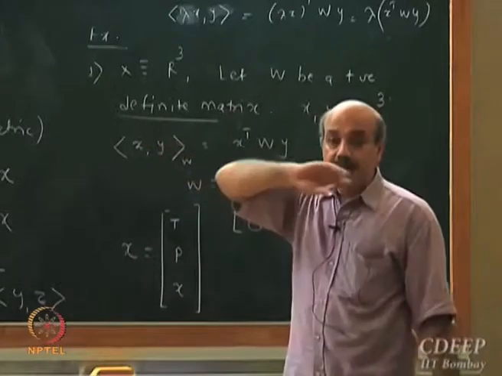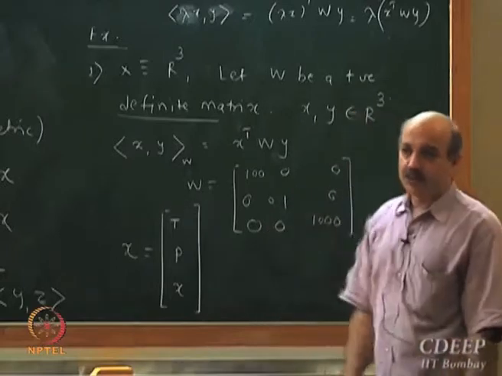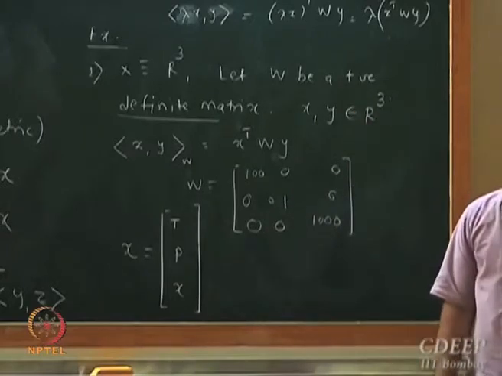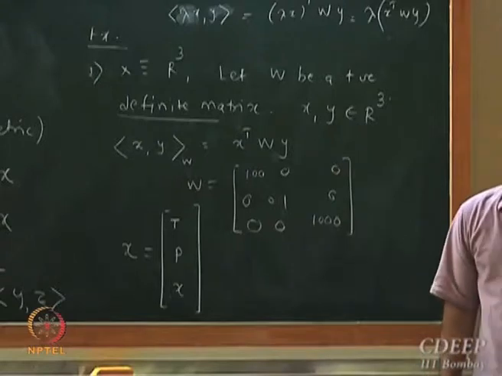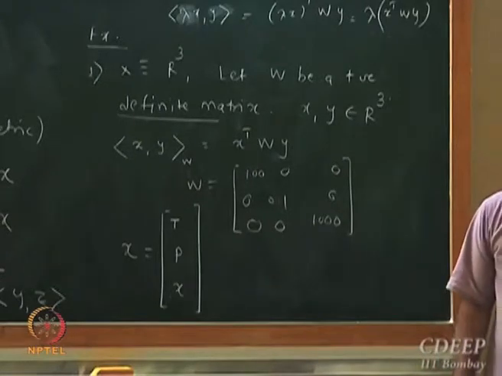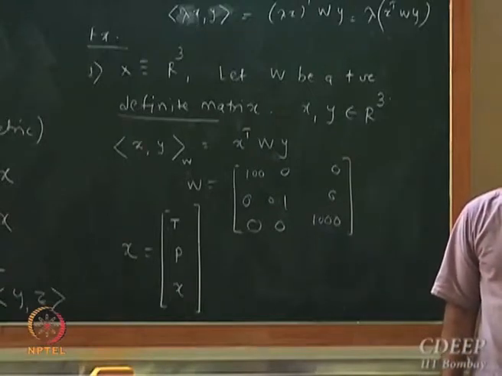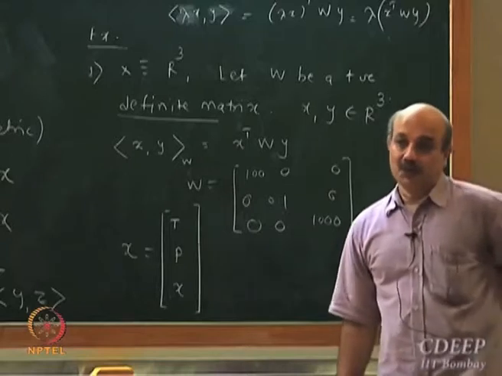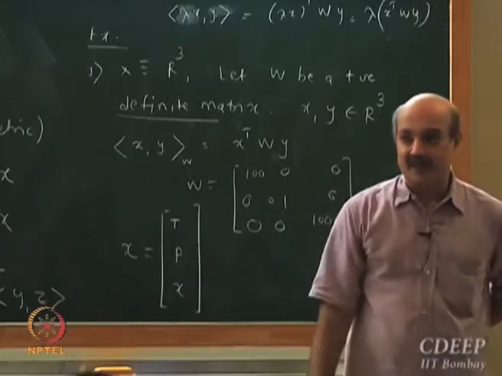What about the fourth property? Does it hold? X transpose WX, if I take inner product of a vector with itself, what is the meaning of positive definiteness? All the eigenvalues are greater than 0. There is no 0 eigenvalue, all the eigenvalues are greater than 0.